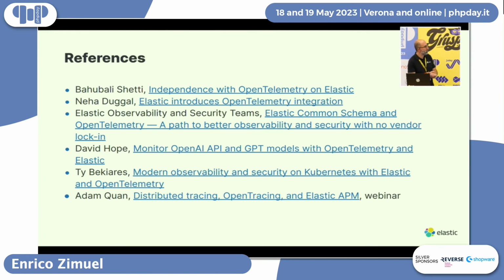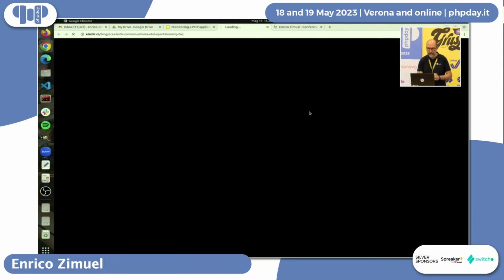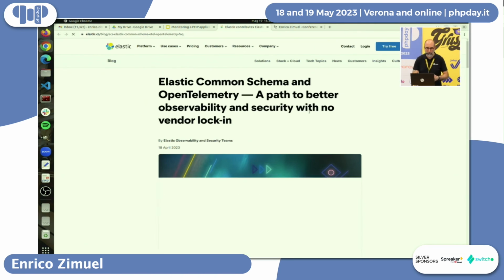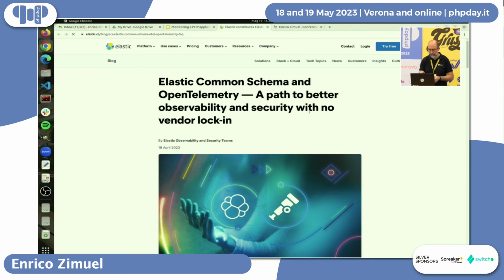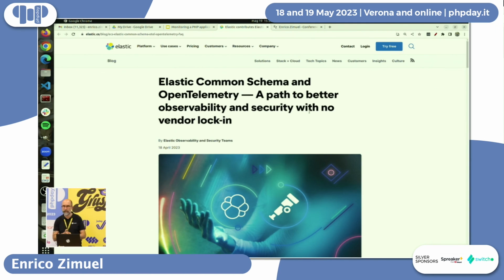Okay, so I put some references here talking about OpenTelemetry with our stack, Elastic, and I want to mention this. I mentioned earlier, we recently joined the OpenTelemetry initiative as Elastic, and we provide this Elastic Common Schema.